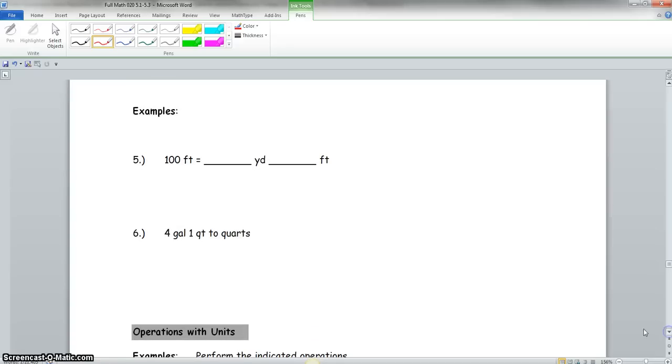Now, we go down here to example 5. We have 100 feet is equal to blank yards and feet. Now, you have the chart. I cannot show the chart at the same time I'm doing this. So what I need to do is change these feet first to yards. I will go off to the side.